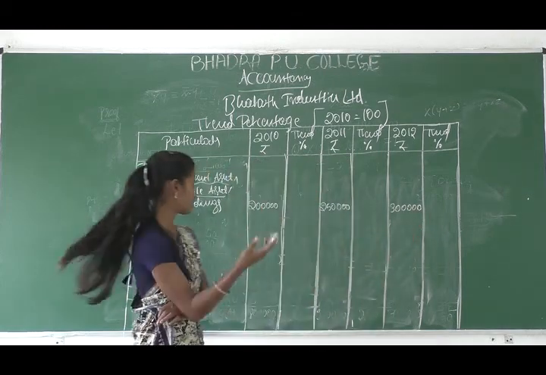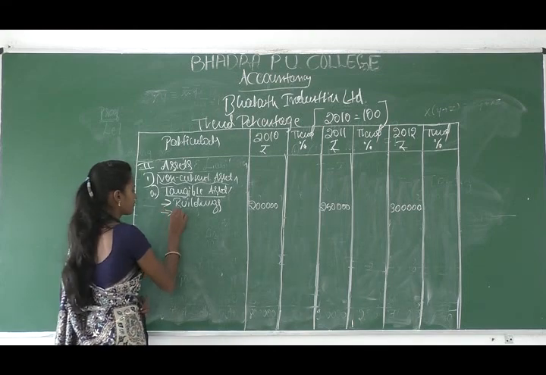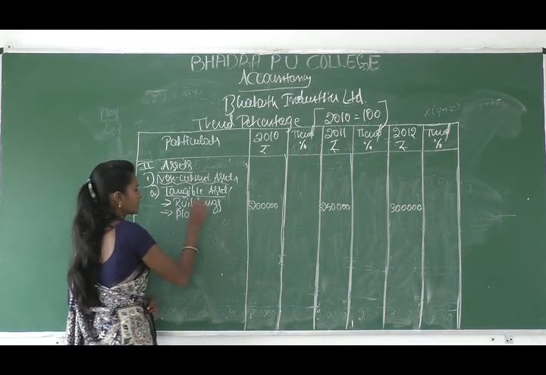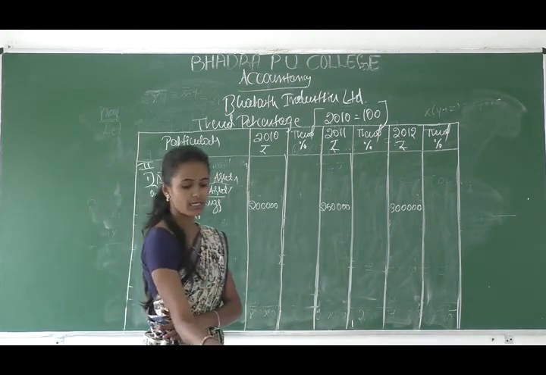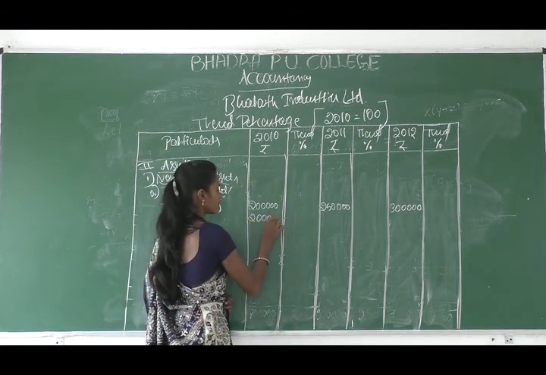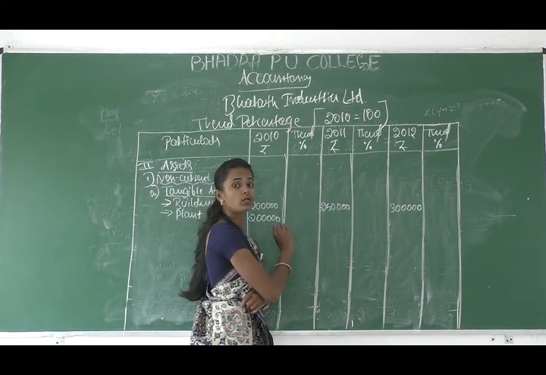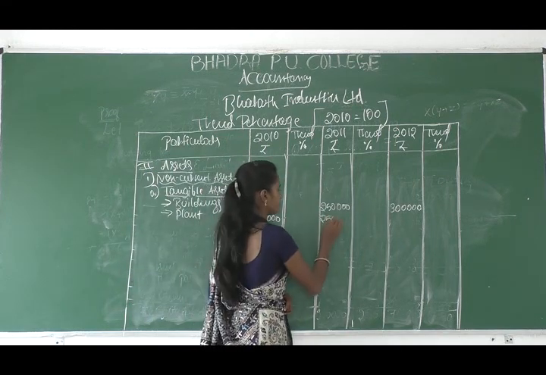Okay, so under tangible asset one more asset is plant. Okay, and in case of 2010 plant is 2 lakh. And in 2011 our plant amount is 2,50,000.